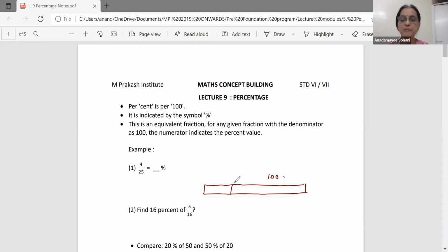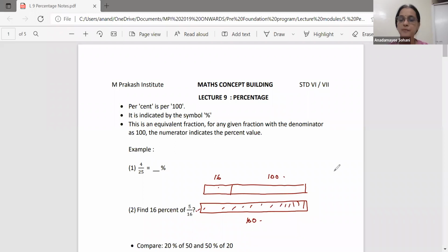This is 16%. So if I make 100 compartments of 5 upon 16, I divide 5 upon 16 into 100 compartments. Meaning what? Now see, understand a little.